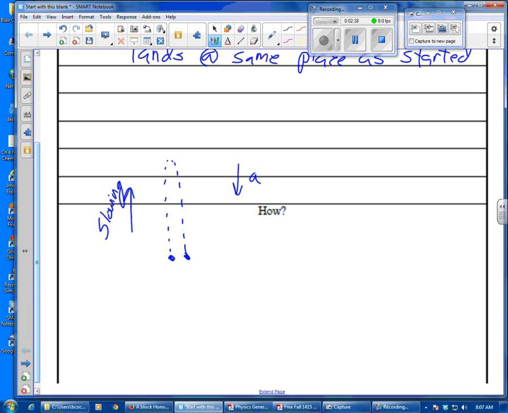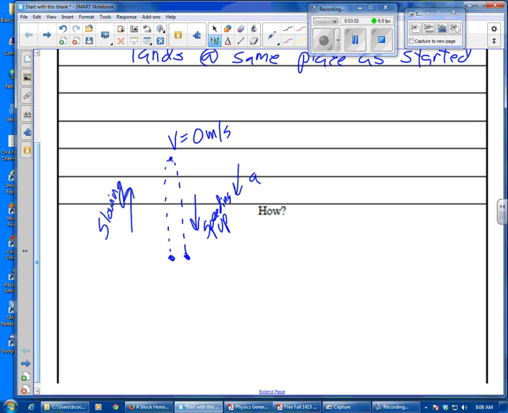Speeding up. So what does it have to do right here at the top to be able to change direction? It has to stop. So its speed has to be 0 right at the top.